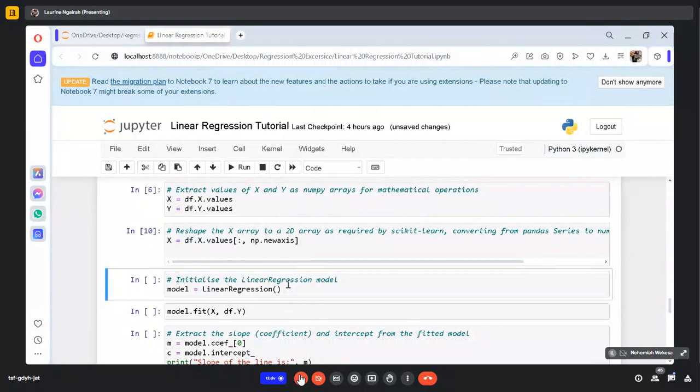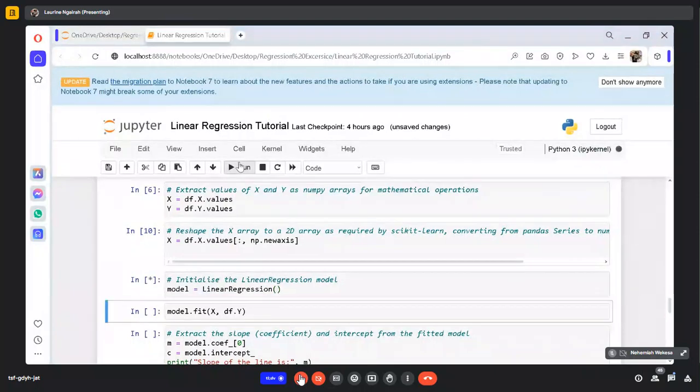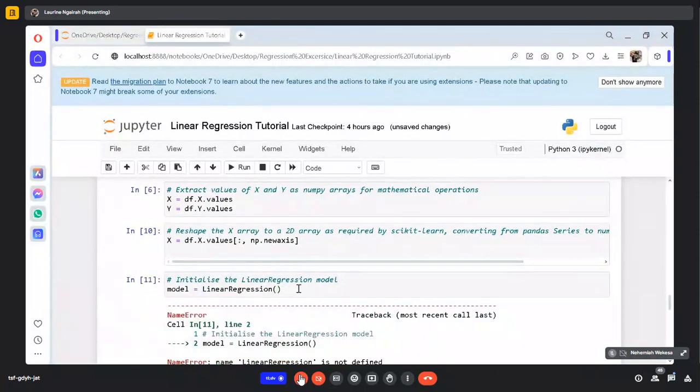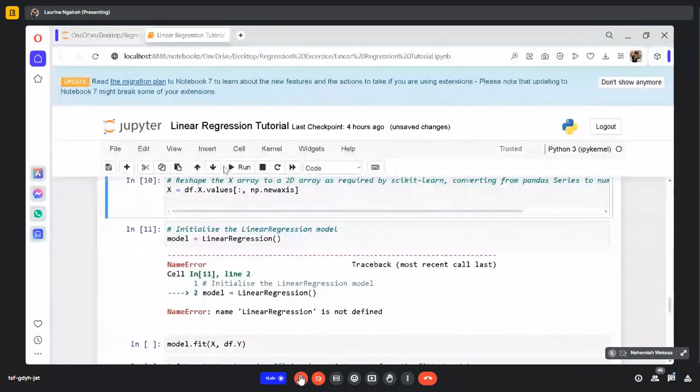And then after changing the X into a 2D array, now we initialize the linear regression model. So this is the code. I don't know why it's giving an error.